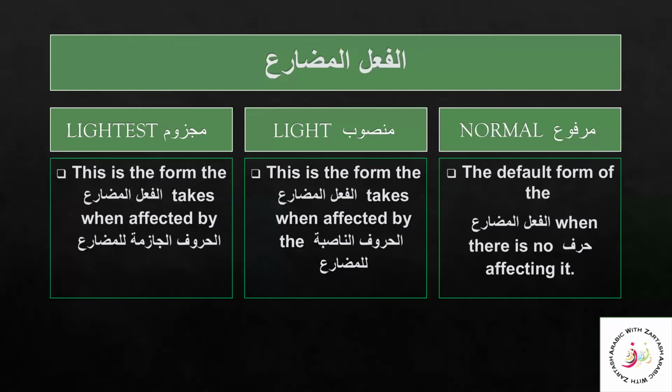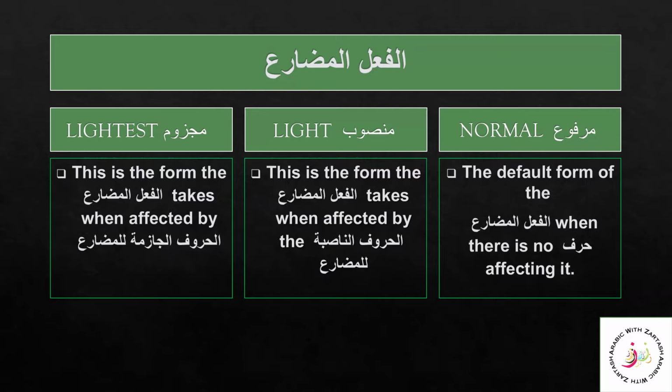Alhamdulillah. So here, fi'l mudari can have three states: marfu, mansoob, majzoom. Normal, light, and lightest. The lightest takes effect when a harf jazm for the mudari affects the fi'l mudari marfu.